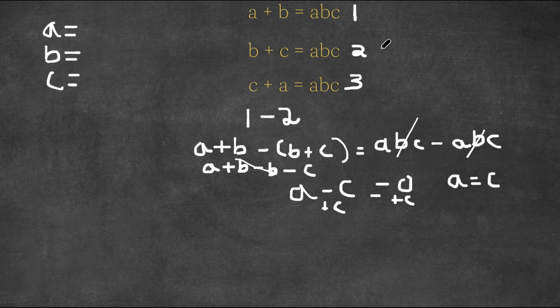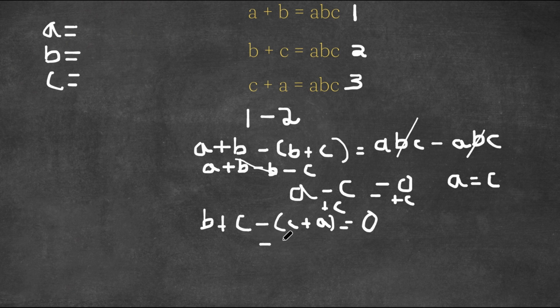Now we're going to subtract equation 2 and equation 3. So we get b plus c minus c plus a. And this is again equal to abc minus abc, which, as we already know, is 0.